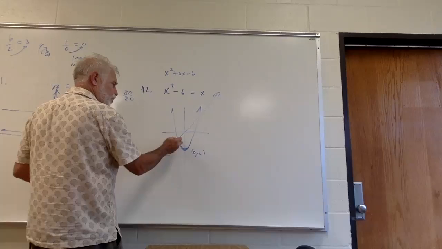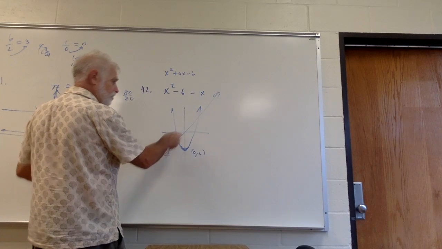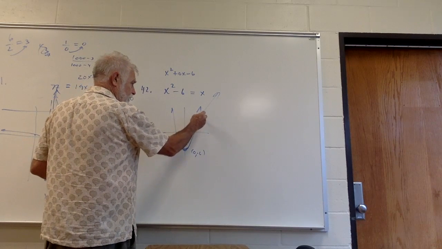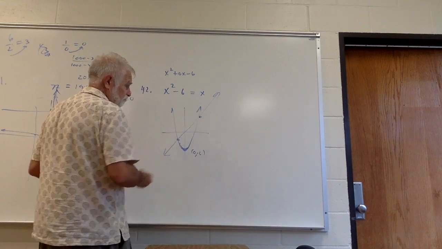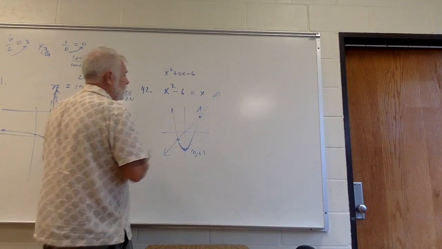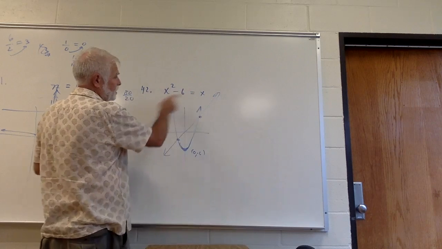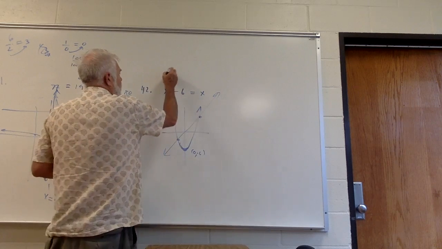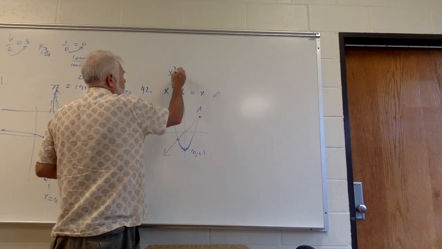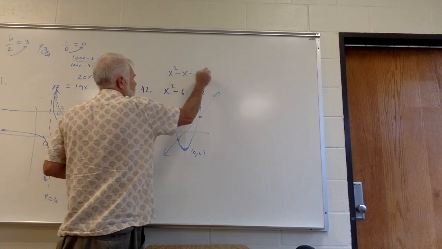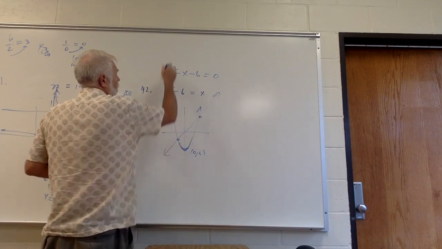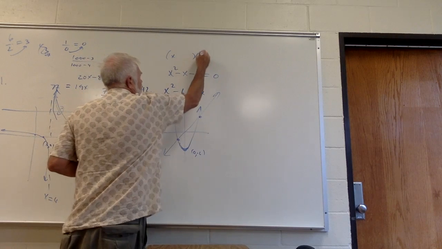So I can see I have 2 points of intersection. One of them is closer to the origin than the other. It's negative and positive. All right, let's go find them. See if it makes sense. How do you solve this? We did one earlier. x squared minus x minus 6 equals 0. Oh, okay, I think that's factorable, right?